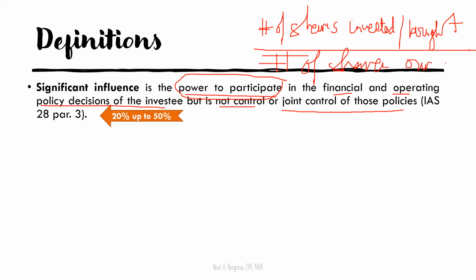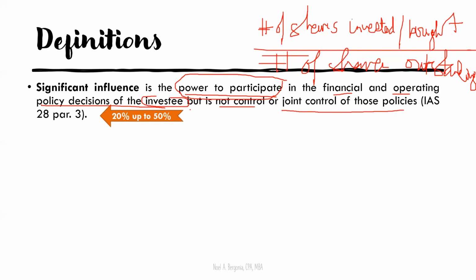Of course the investee, ha. Pag sinabi mong outstanding, it means na yun po yung on the hand of the shareholders. Okay? So yan po yung pag-identify natin ng 20% to 50%. The number of shares that the investor have bought, or even yun yung kanyang ininvest na value, all over the total number of outstanding shares ng ating investee. Okay? So meron lang siyang power to participate.